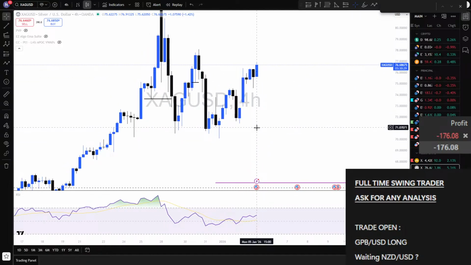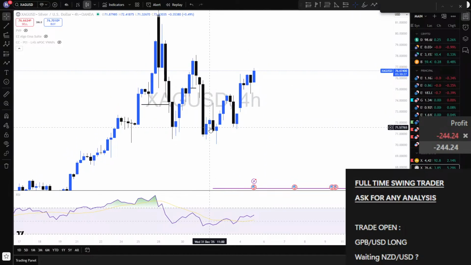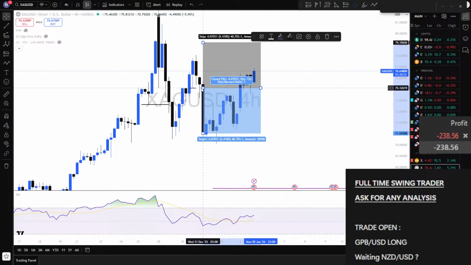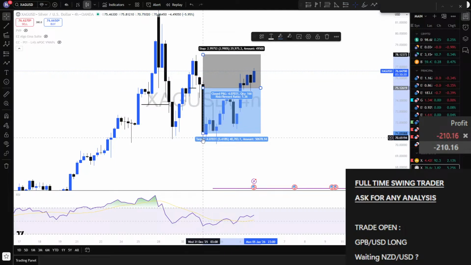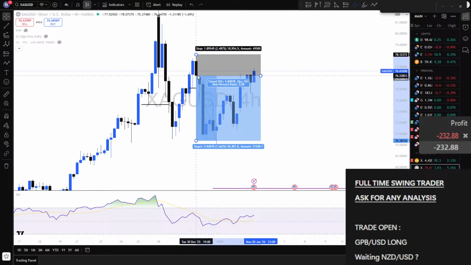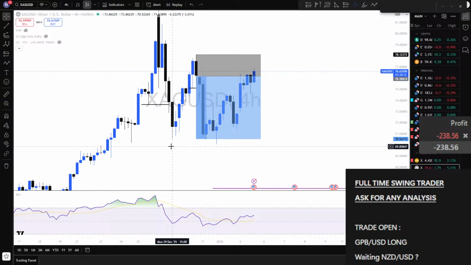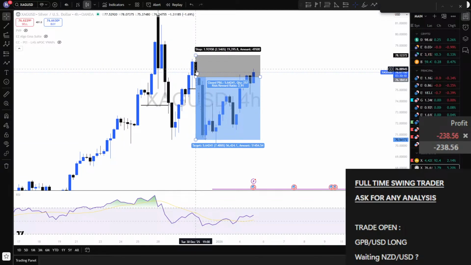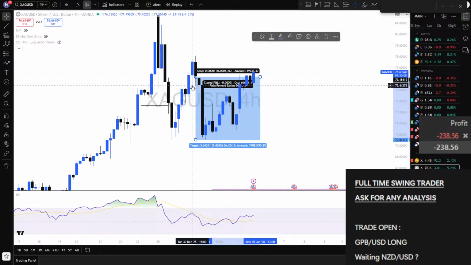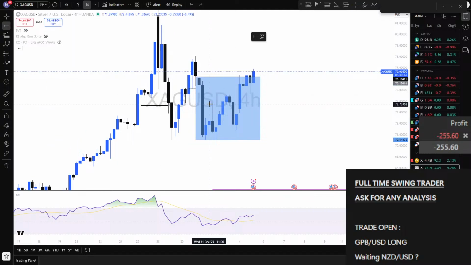Silver, like we said, unfortunately I was greedy on my TP when I trade him. I should have my TP here. My mistake. Instead I took just 1.5k here.